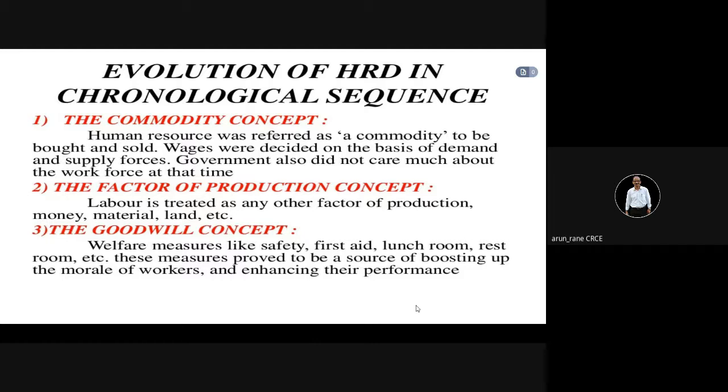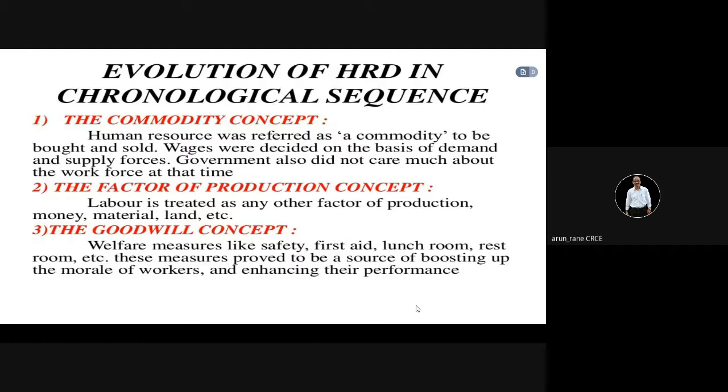For you also, don't run after the money, use your time to develop yourself in such a way that money will run after you, not you run after money. You develop yourself in such a way that money will run after you, and it is possible. Money will come automatically to you if you develop yourself.